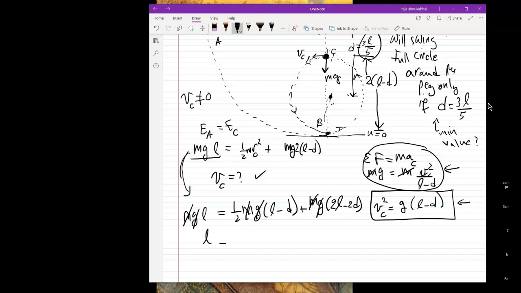I end up with L equals, insert this half in here, 1/2 L minus 1/2 D plus 2L minus 2D. Is that okay? So I have L, I'm getting tired, I'm sorry. And then I have here 1/2 L plus 2L, that would be 5 over 2 L, and then minus 5 over 2 D.